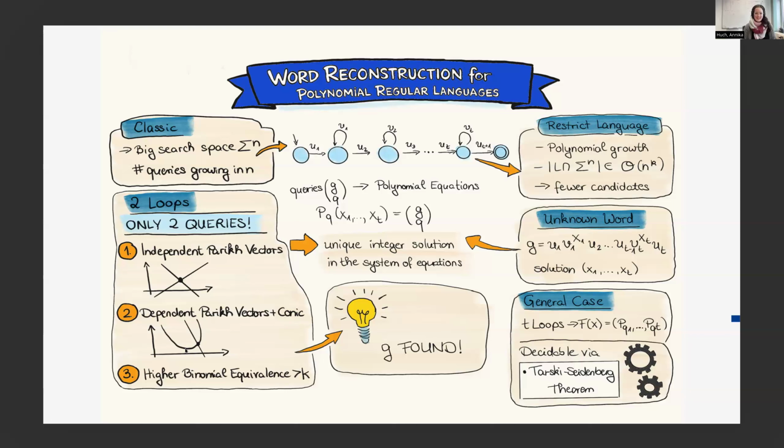Okay. Does anyone else have a question? So I had one question. With this Tarski-Seidenberg decidability, did you implement the algorithm to do this? No, but Michel introduced me to Mathematica.